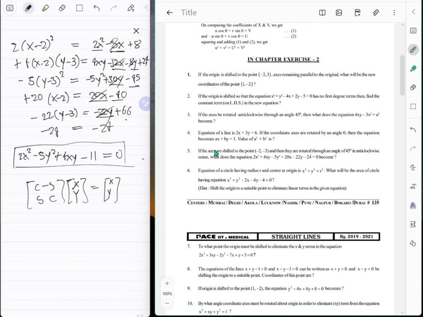So in this case, cosine theta is just 1 over square root 2 and all that stuff. So it's just 1 upon square root 2, 1 minus 1, 1, 1. So x is capital X minus capital Y upon square root 2. y is capital X plus capital Y upon square root 2.